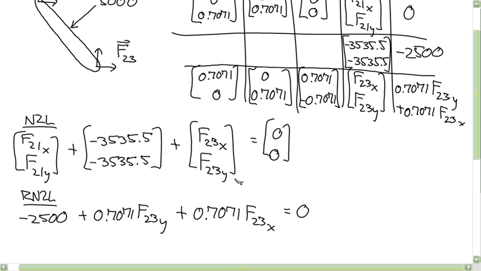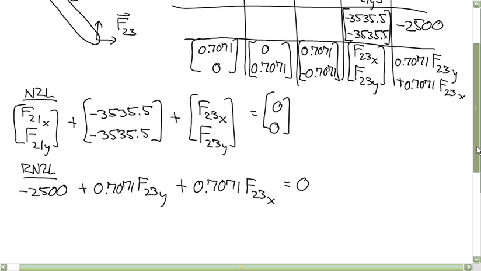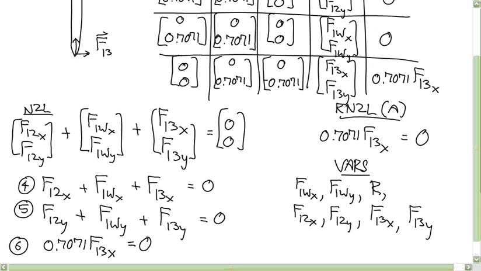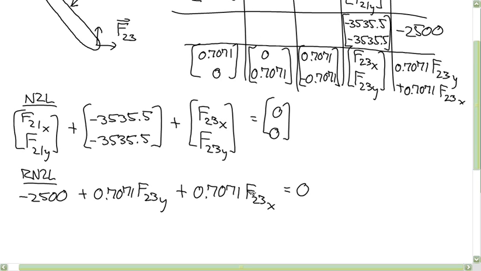Okay, so now we have to reduce the number of variables. So the variables that appear in these equations are the F21 vector, the F23 vector. I guess that's all, right? So now we're going to look back at our previous list of variables and see if any of those occur in their switched form, right? Like if we have to use Newton's third law for any of these. So we do have F12. We don't have F32.